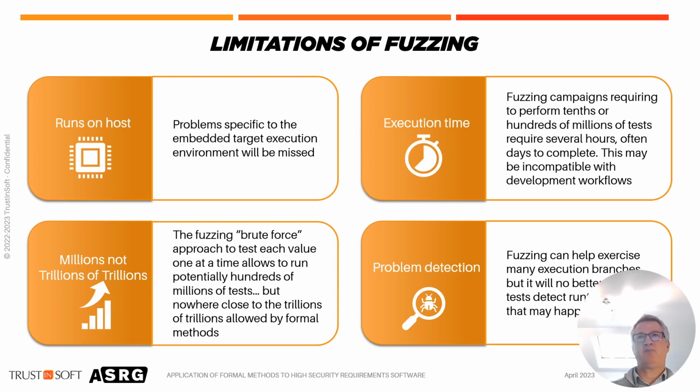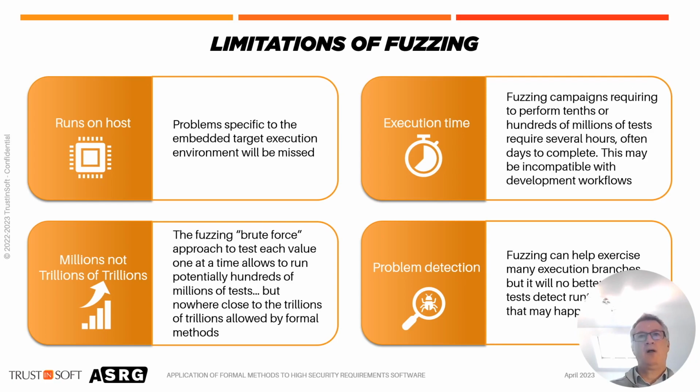Trillions of input values is not a problem with formal methods. And of course, with fuzzers, if you want to test a very large number of inputs, you have to cope with the execution time. It takes a lot of time, so if you want to integrate this in CI, you have long waiting times, etc.